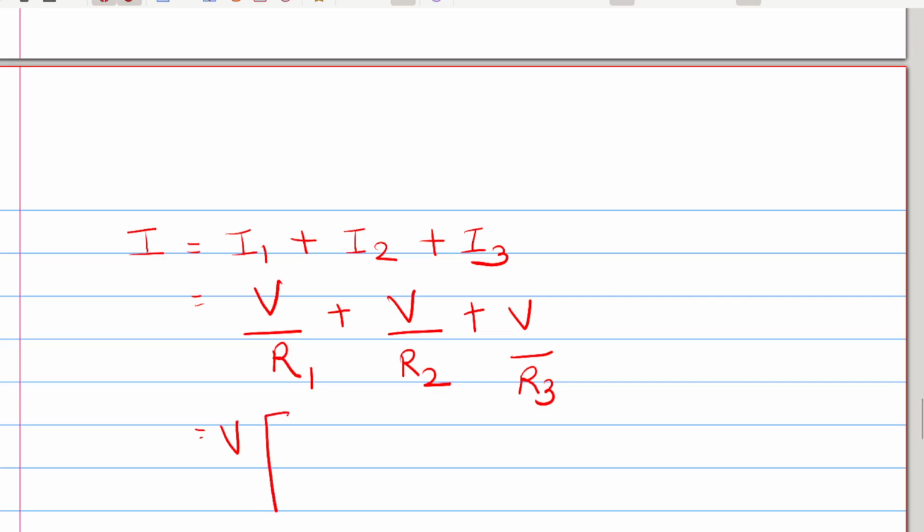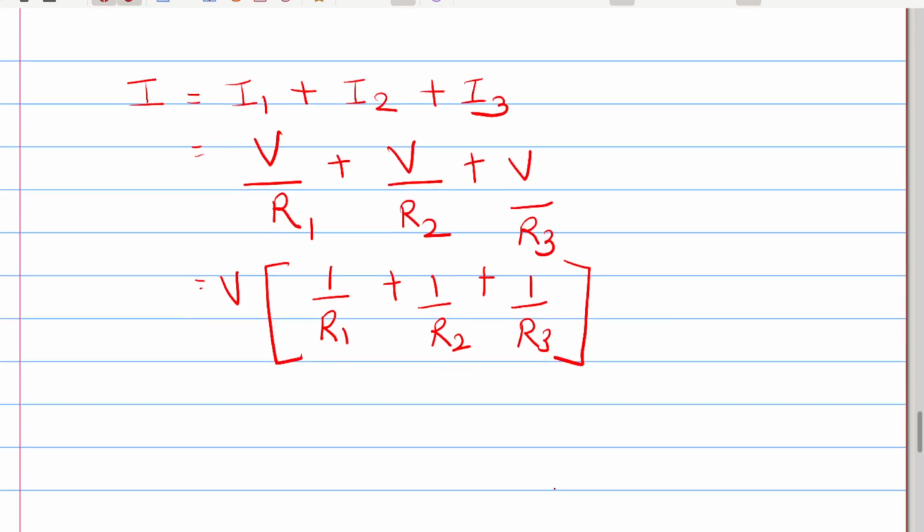Taking V outside, we can say it is 1 upon R1 plus 1 upon R2 plus 1 upon R3. So here I by V equals to 1 upon R1 plus 1 upon R2 plus 1 upon R3.